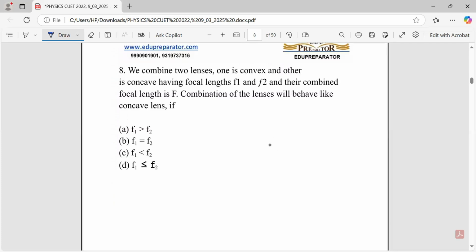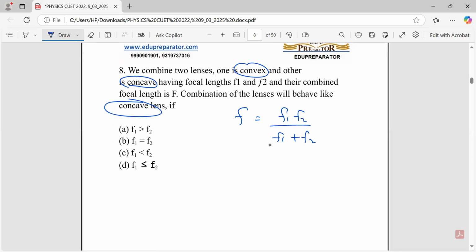we have the combination of the two lenses, right? So we know the formula of the combination of focal length, that is f1 f2 divided by f1 plus f2. He says one lens is concave, the other one is convex, and you need the system to be concave.